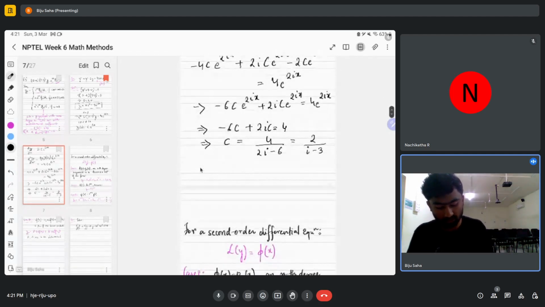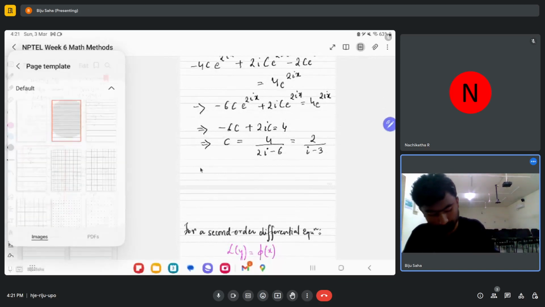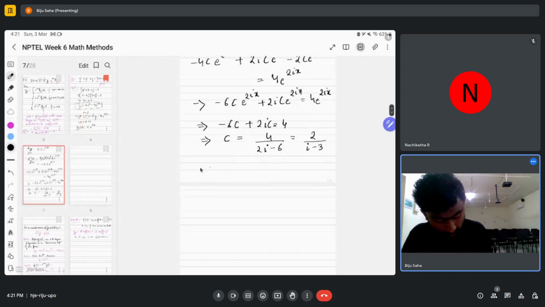So this is the value of C that I obtained. My C is nothing but minus 3 plus i.